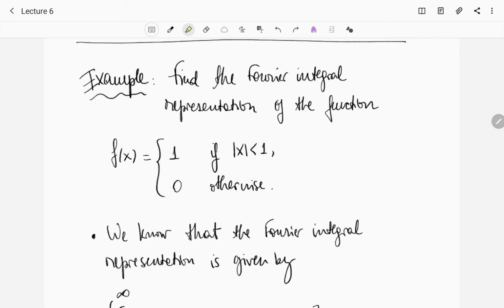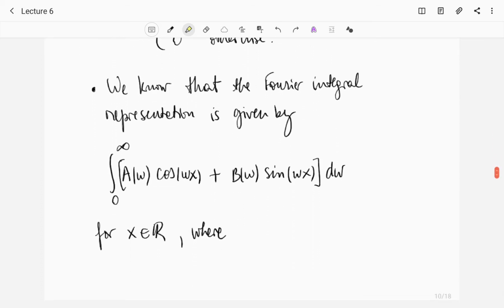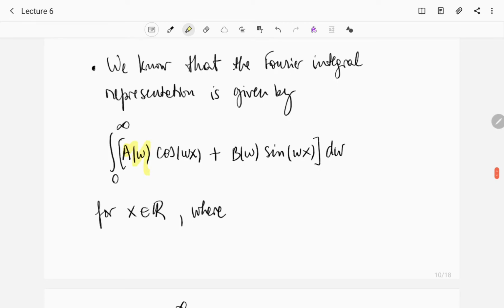Okay, so we know that the Fourier integral representation is given by this formula, where we have this capital A of omega and capital B of omega instead of these coefficients that we had before in the series, and we have this integral from 0 to infinity, differential of omega, and we have cosine of omega x, sine of omega x.